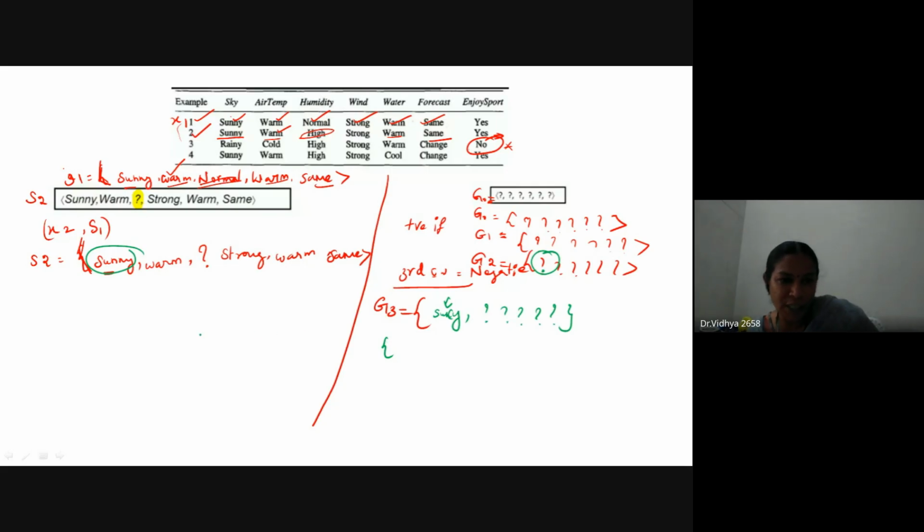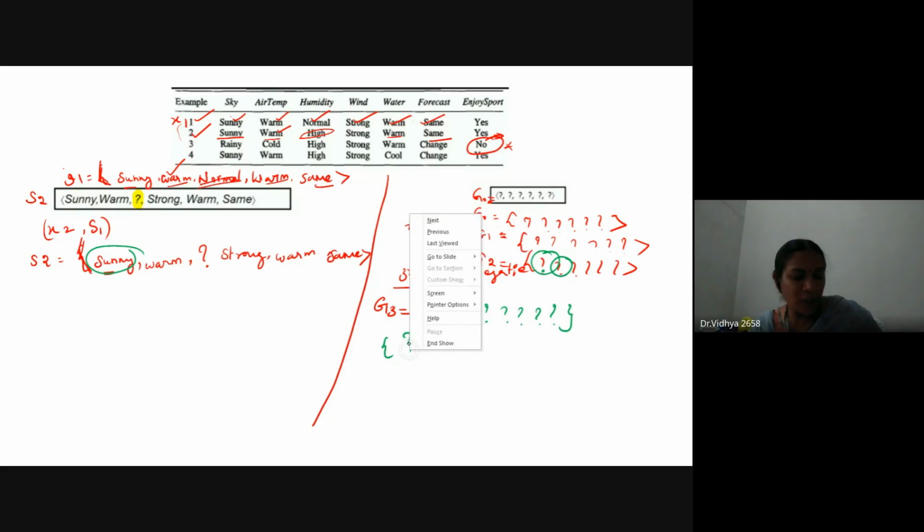The second one is warm. In G2 it is a question mark, and in S2 it has a value. So the first part of this attribute will be a question mark, and the second can be filled with warm.